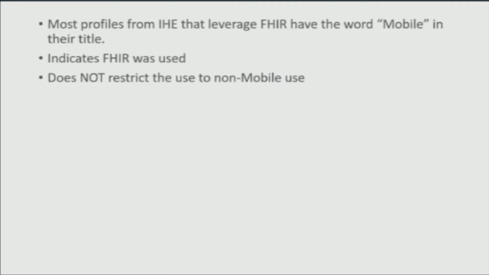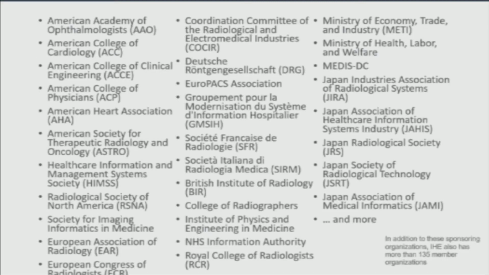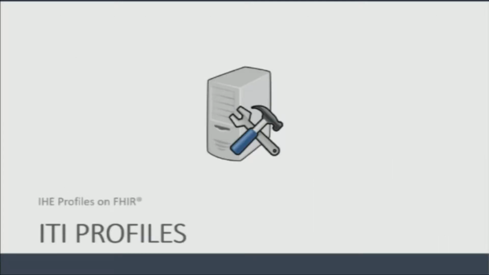It's predominantly there to indicate this new environment that wants JSON, wants HTTP RESTful, doesn't want to deal with pipes and hats, doesn't want to deal with complex XML. This isn't too important to put up, but you can see that IHE isn't just seen by one organization. It's actually got a lot of sponsors.